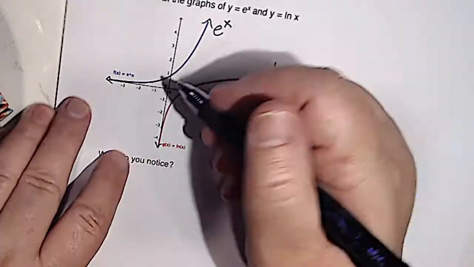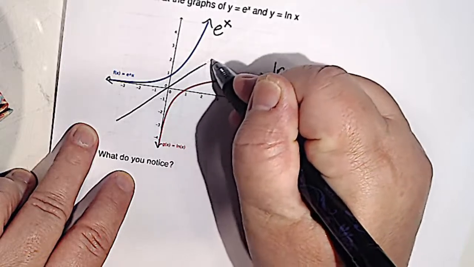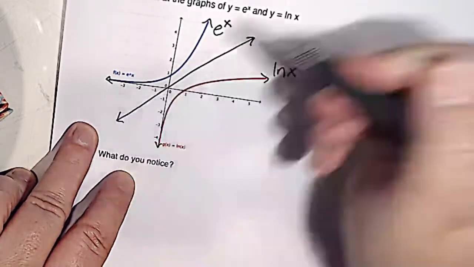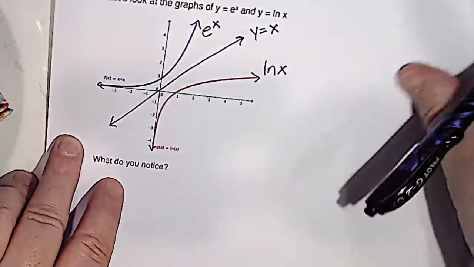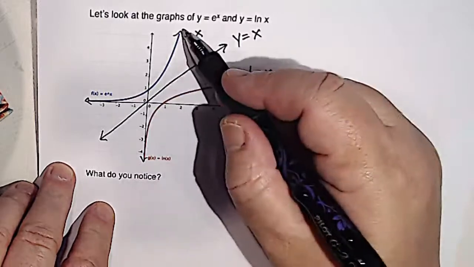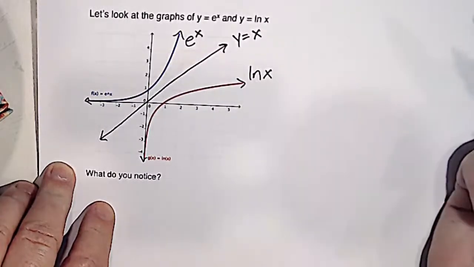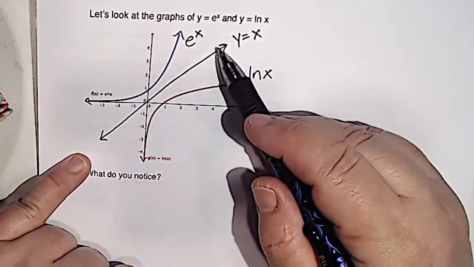I didn't fold it all that well. But if I fold along this line, this is the line y equals x. If I fold along this line, what do you notice about the graph of e to the x and natural log? They're symmetric about this line.